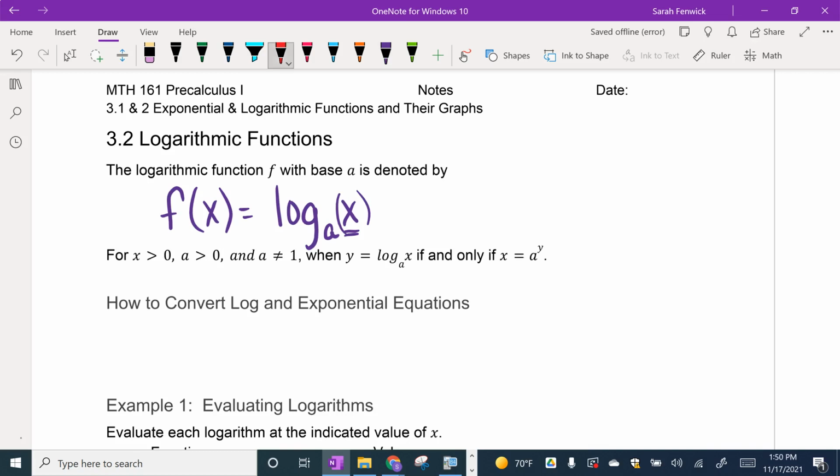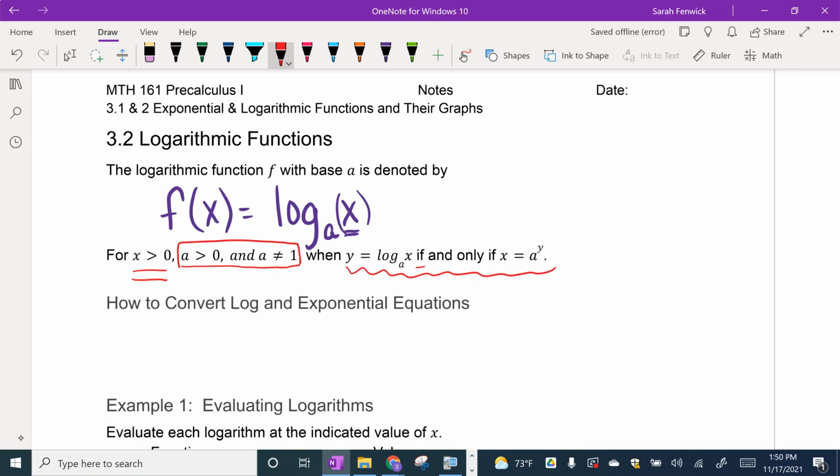Now, you should recognize these two conditions. a has to be greater than 0, and a cannot equal 1, just like exponentials. In this case, we also have to have a positive argument. x has to be greater than 0. x, as opposed to a, can equal 1. This statement tells you exactly how these two relationships are tied to one another.